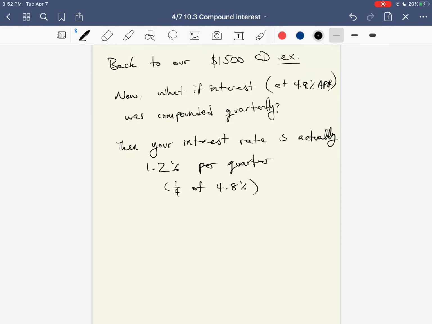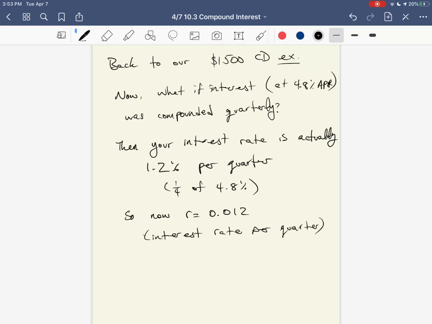So now we're gonna have r, little r, be 0.012 to represent that 1.2%. This is your interest rate per quarter.